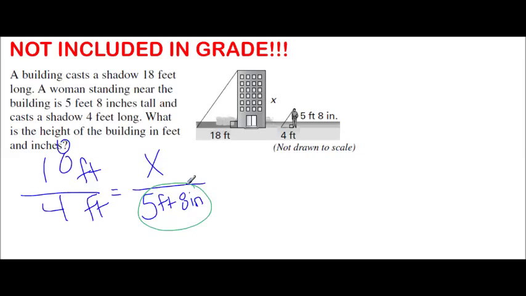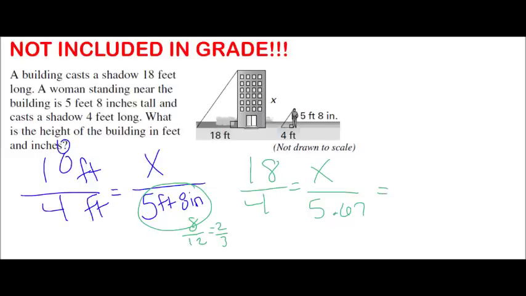But we can't do anything yet because I don't have all the same units. I need to turn 5 feet and 8 inches into just feet because I don't know what to do with the 8 inches there. So I know 8 inches is 8 inches per 12 inches. So 8 inches out of 12 gives me a decimal for the number of feet that the inches are.